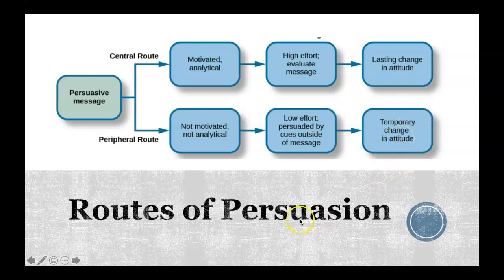So make sure you know the difference between the central route and the peripheral route to persuasion because those are going to be varied based on the audience and based on the person delivering the message and the content of the message. For example, if someone were giving a lecture on climate change to a group of 5-year-olds, they may decide to go with the peripheral route, right?